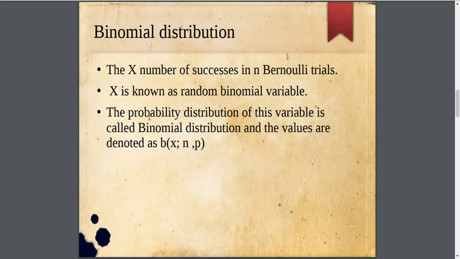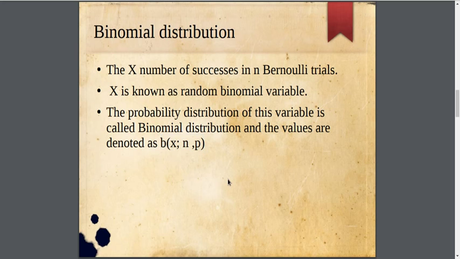X is known as a random binomial variable, as I mentioned before, and the probability distribution of this variable is called binomial distribution, and the values are denoted as follows.